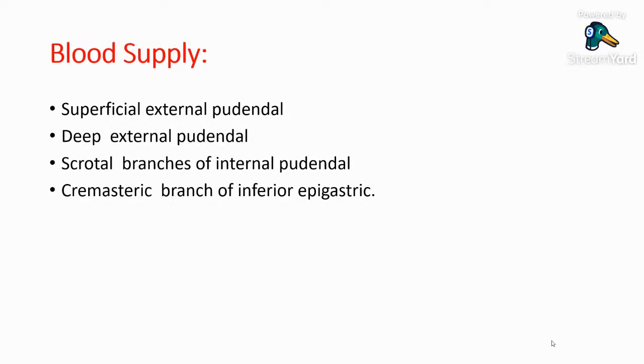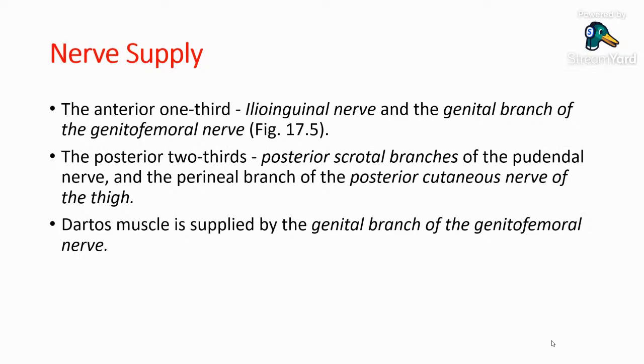Blood supply to the scrotum is by the following arteries: superficial external pudendal artery, deep external pudendal artery, scrotal branches of the internal pudendal artery, and cremasteric branches of the inferior epigastric artery. Next, we have to see the nerve supply, which is very important. The anterior one third of the scrotum is supplied by the L1 spinal segment, that is the ilioinguinal nerve and the genital branch of the genitofemoral nerve.